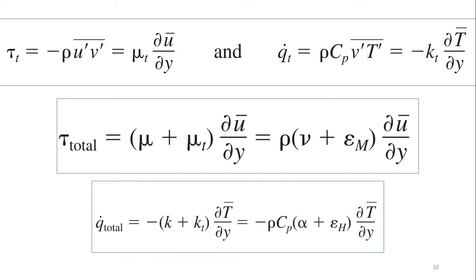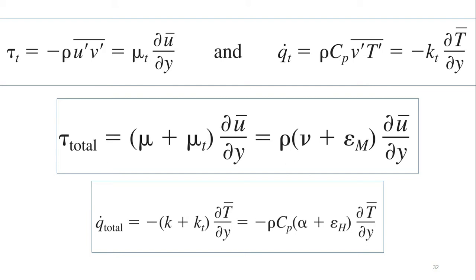The random eddy motion of a group of particles resembles the random motion of molecules in a gas, which collide with each other after traveling a certain distance, exchanging momentum and heat in the process. Therefore, momentum and heat transfer by eddies in the turbulent boundary layer is analogous to molecular momentum and heat diffusion.